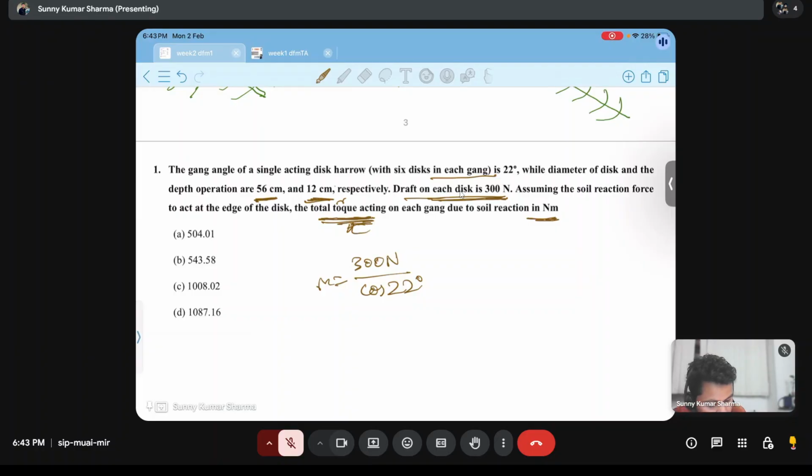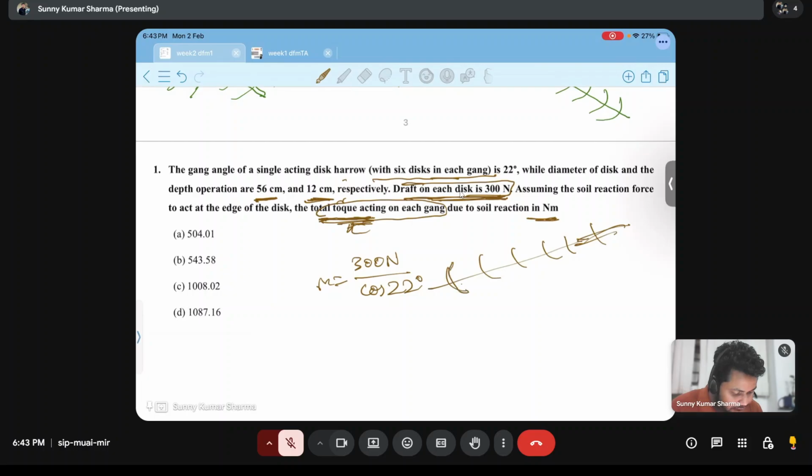The gang angle of a single acting disc harrow with 6 discs in each gang, diameter of disc as given. Draft on each disc is 300 Newton. Total torque acting on each gang we need to find. See, this is the draft acting on each disc. And how many discs are there? 6 discs in each gang.